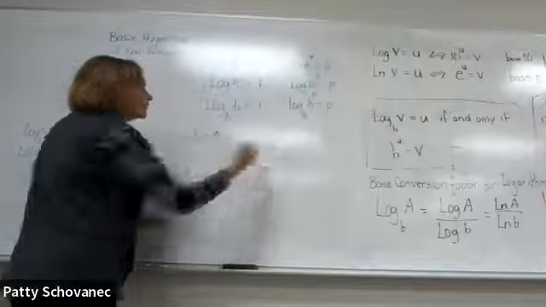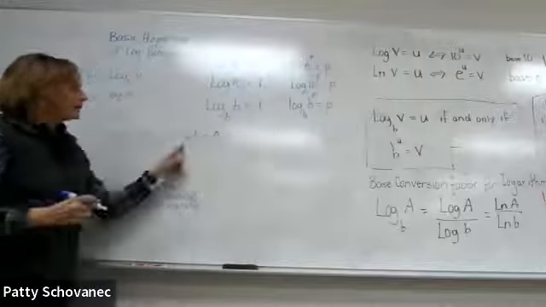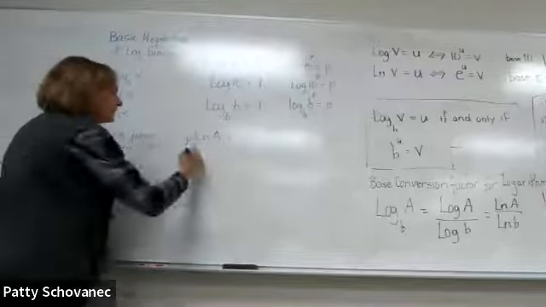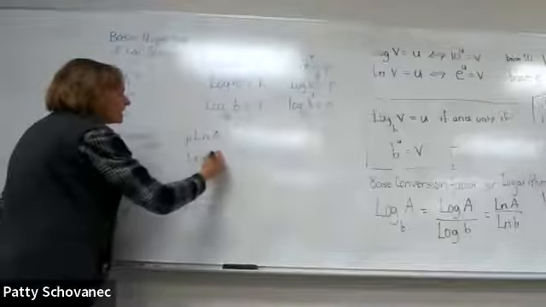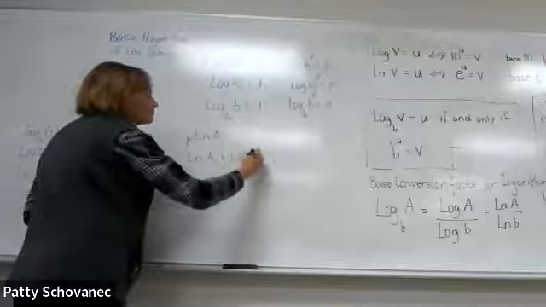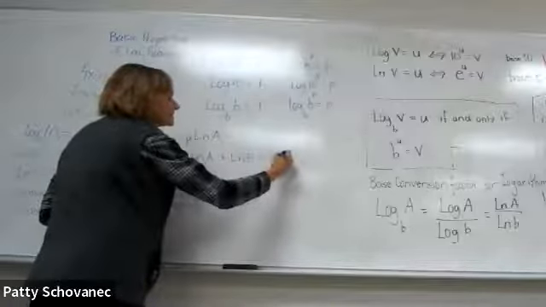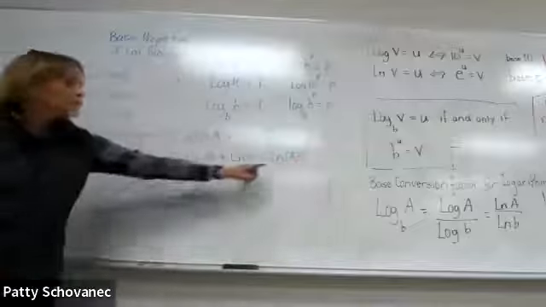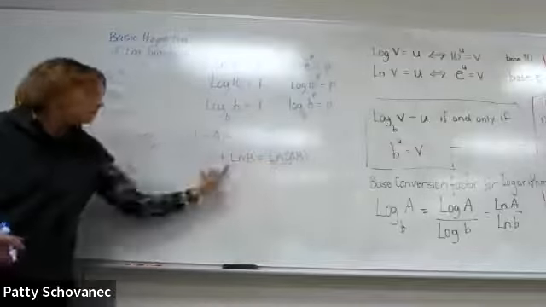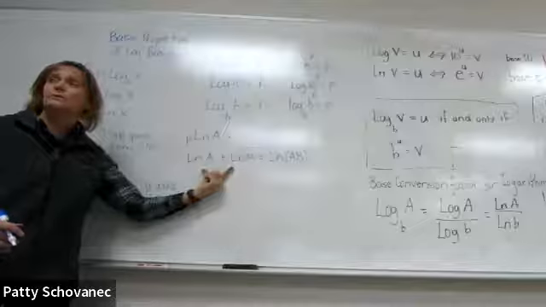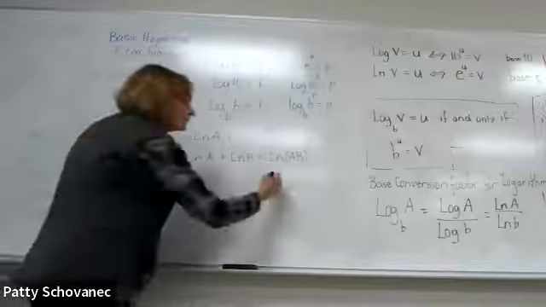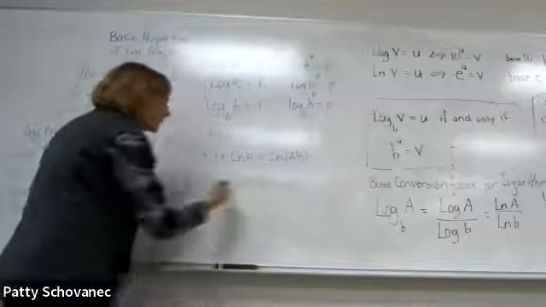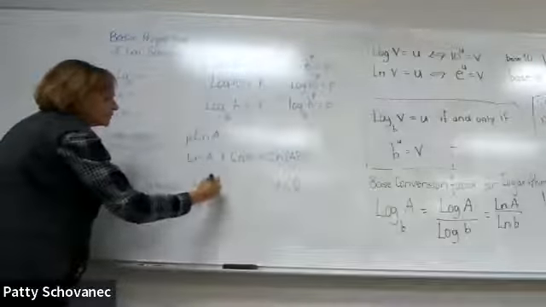When you raise a power to a power, you multiply exponents. The natural log of a plus the natural log of b is the natural log of a times b. When you multiply like bases, you add exponents. And similarly, when you divide like bases, you subtract exponents.